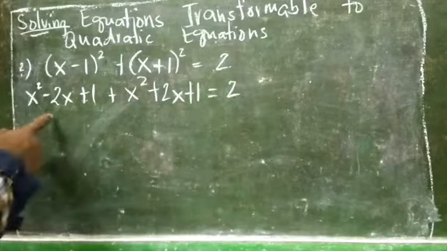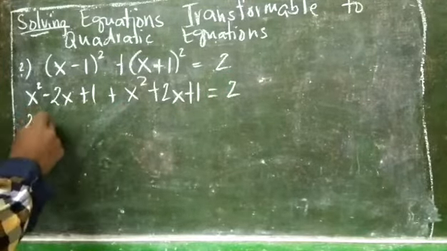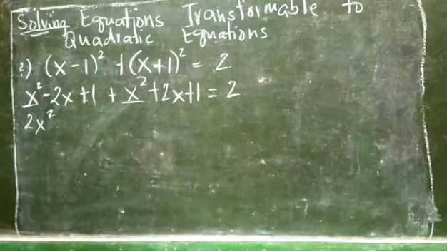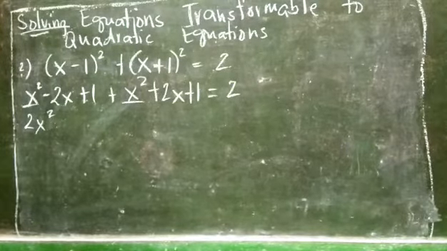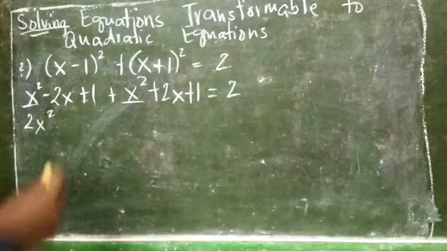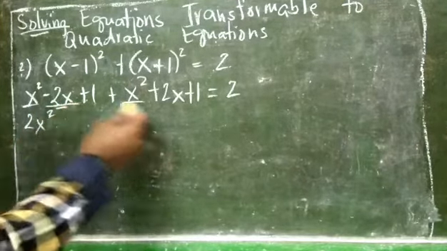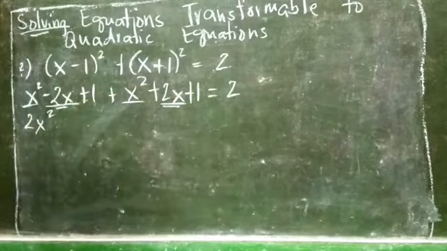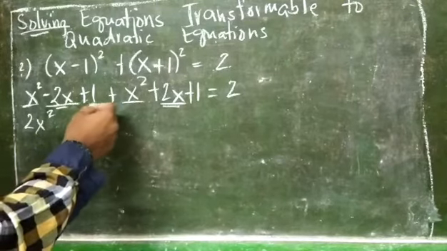Okay, let's combine like terms. x squared plus x squared, that is 2x squared. Pwede silang pagsamahin because they have the same literal coefficient gaya ng napag-usapan natin dun sa mga nakaraang videos. Okay. So negative 2x as well. Then itong 2x dito. Okay, so negative 2x plus 2x, that is 0. Okay, then last, itong constant term natin.